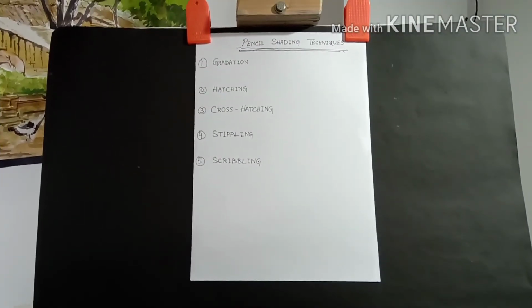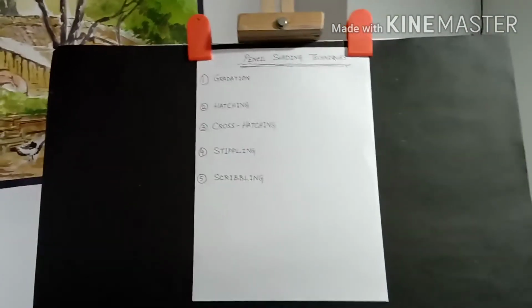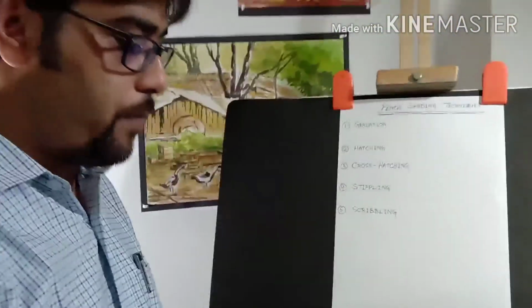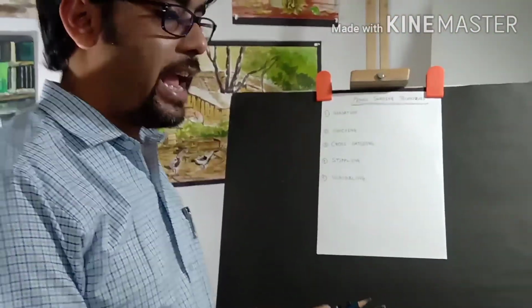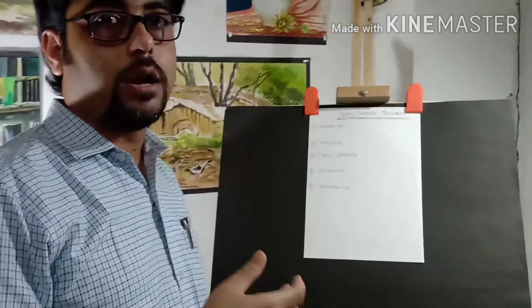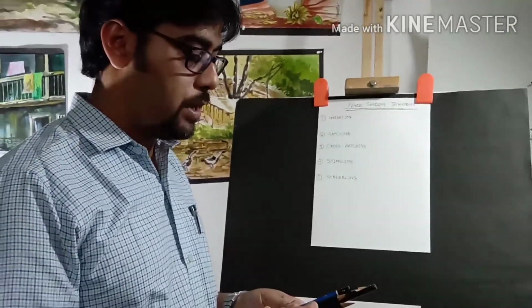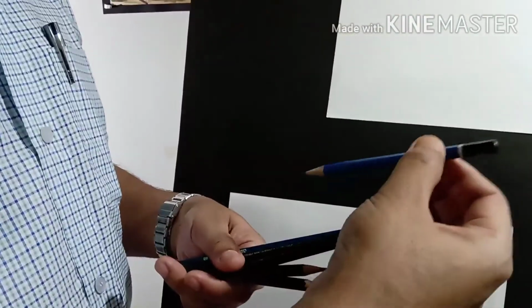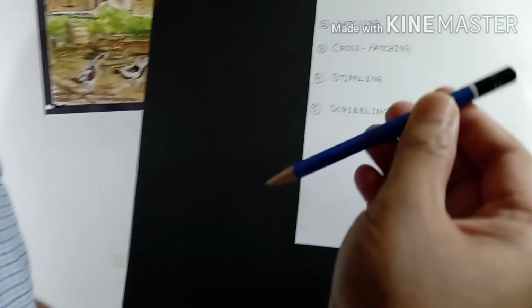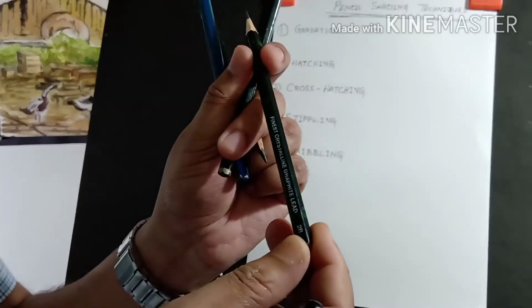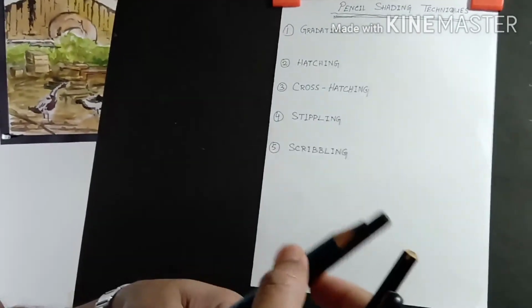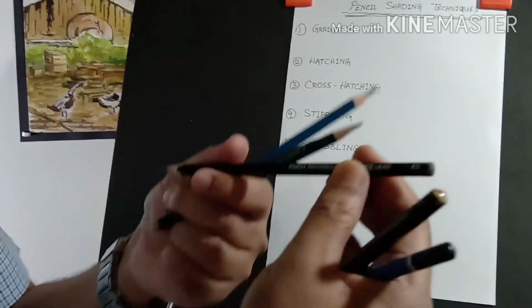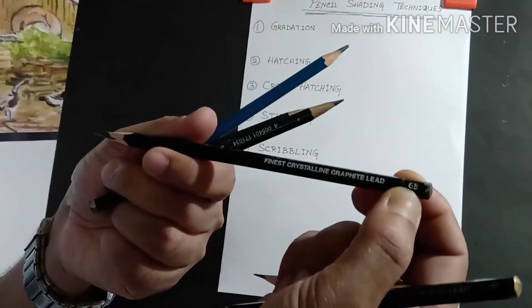Now let's learn about some pencils. These are the pencils from HB to 6B or 8B. We can use all B section pencils for drawing. So as you can see, this is a 2B pencil, and this is also a 2B pencil. And I have a 6B pencil.